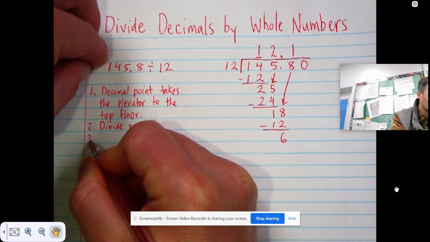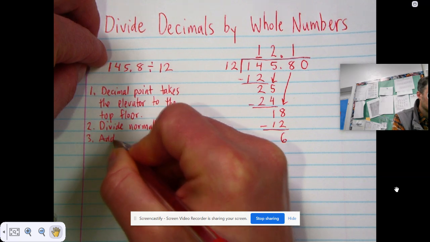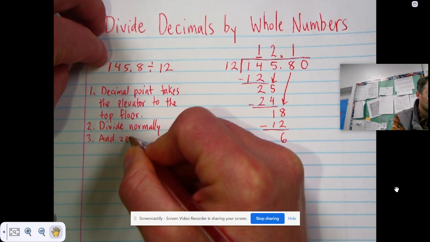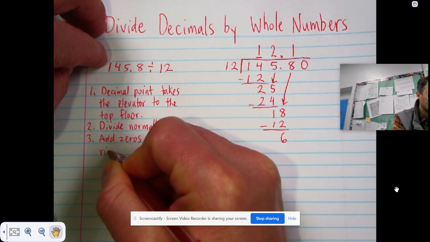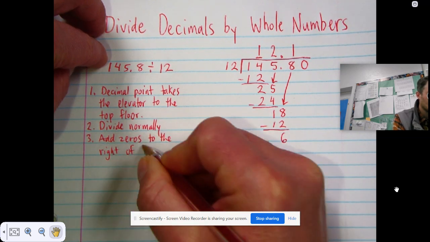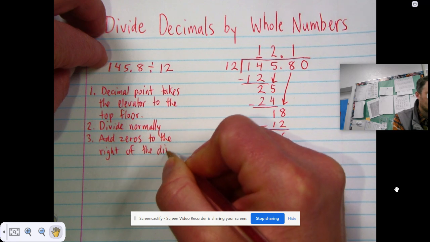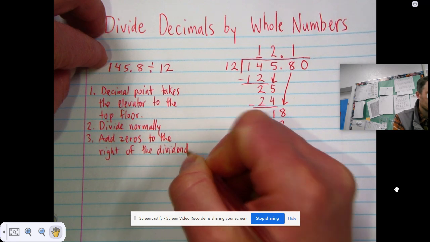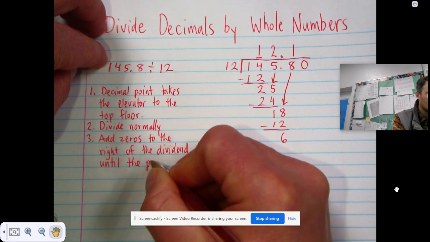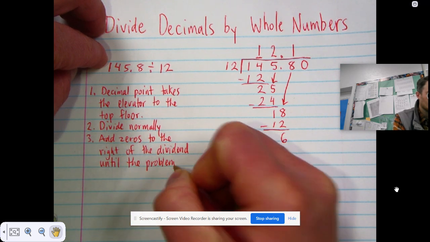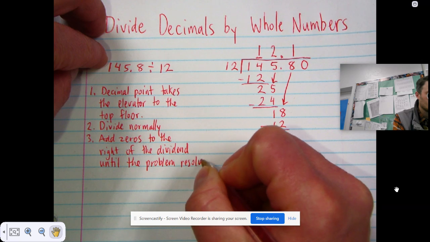Okay, so add zeros to the right of the dividend until the problem resolves.